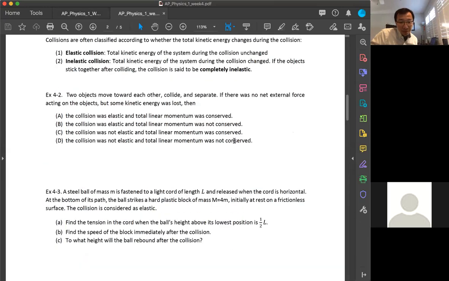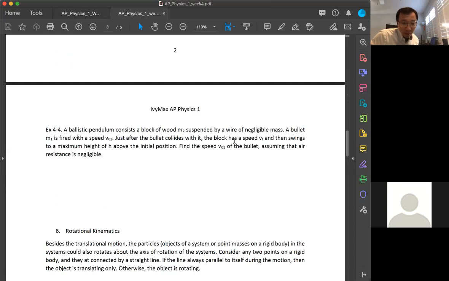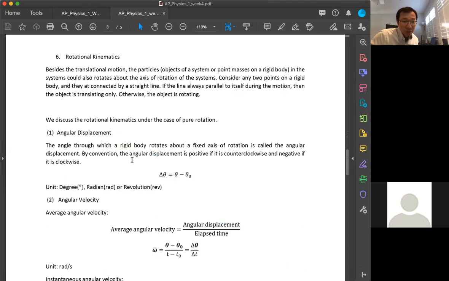All right. I believe we've done most of that part. Yeah, we've done this question, right? Okay. So next is rotational kinematics.